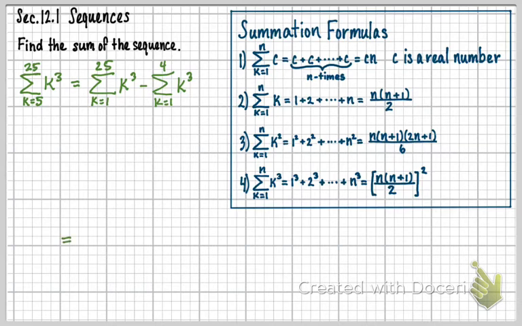So that first formula is going to be my n here, which is 25. Okay, and I'm going to do n times n plus 1. So that's going to be 25 times, and I'm just going to write 26 because it says n plus 1, which is 1 more, over 2 squared. And that's the first piece.